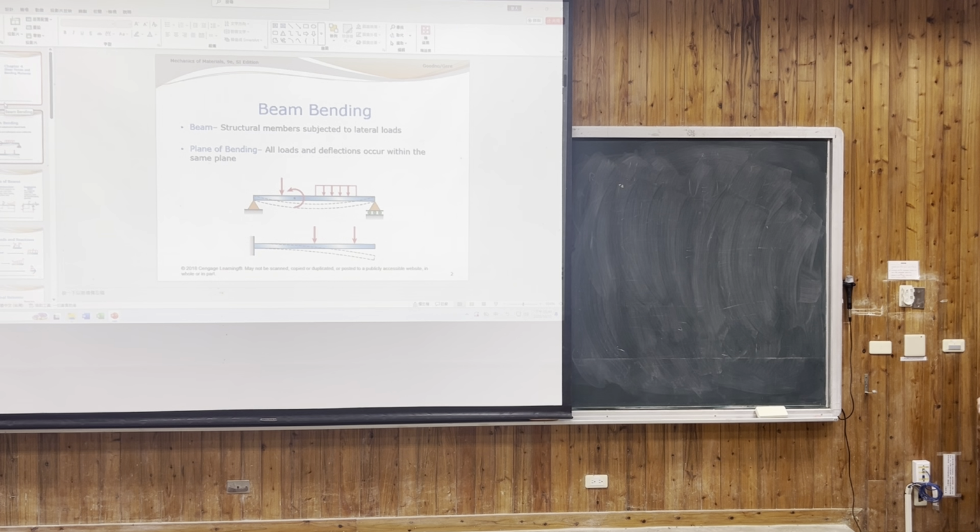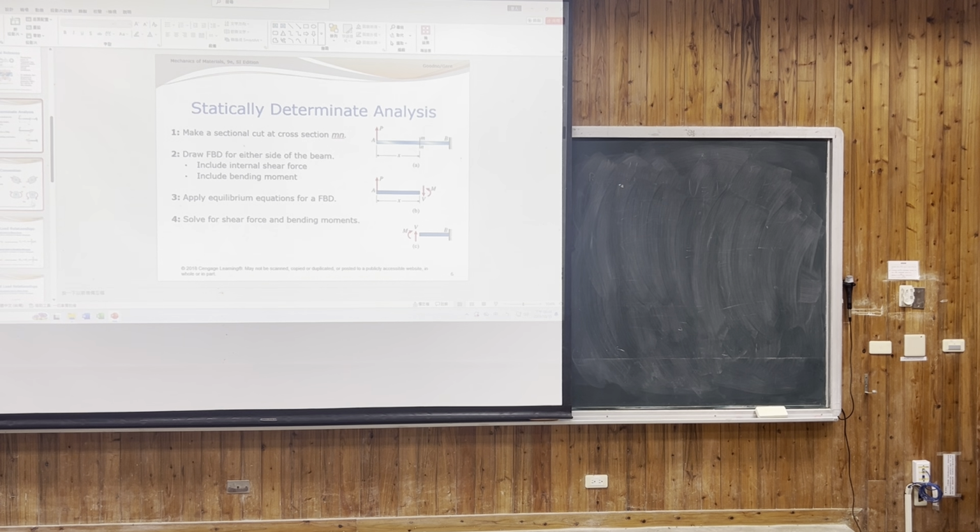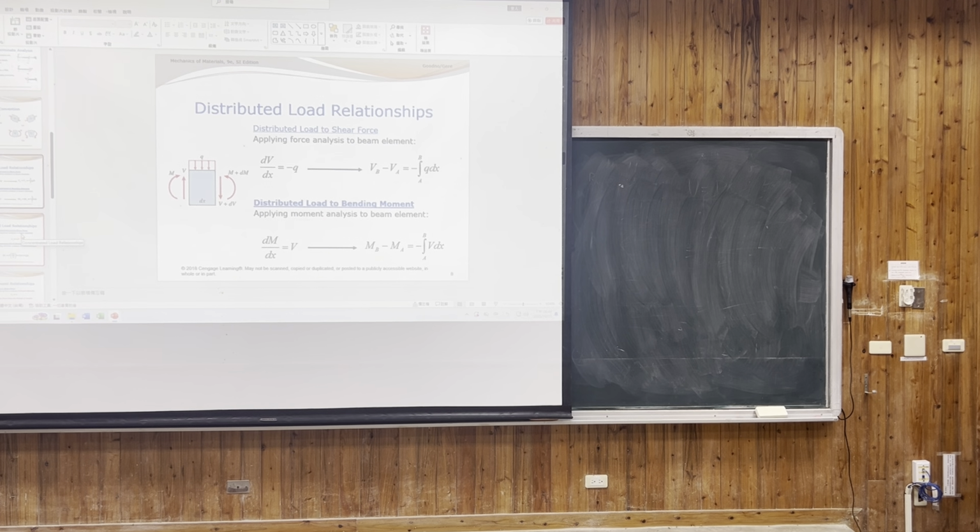I mean, there are multiple ways of drawing the shear moment diagram, right? I'm not teaching you how to draw by the function today. You know there's a way to draw by the function, right? I don't think it's really effective to teach you how to draw by function, because you have to integrate the shear to moment and integrate the force to the shear.